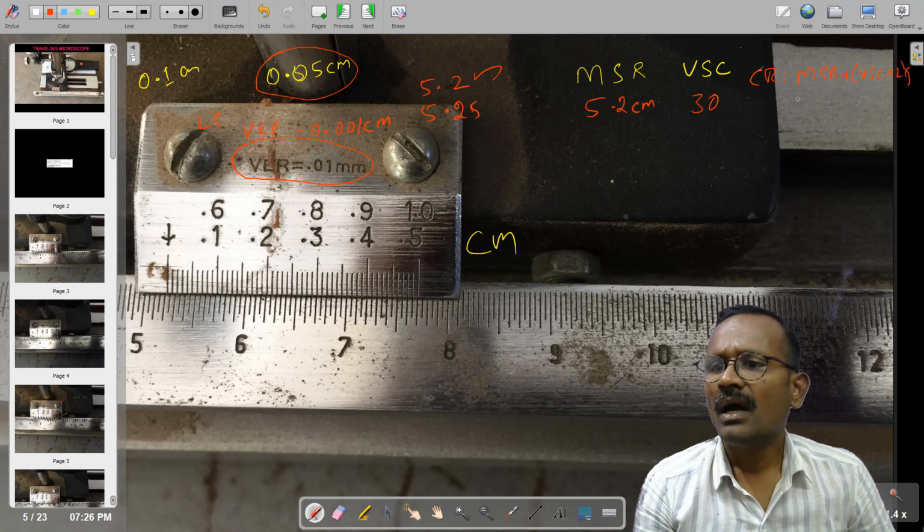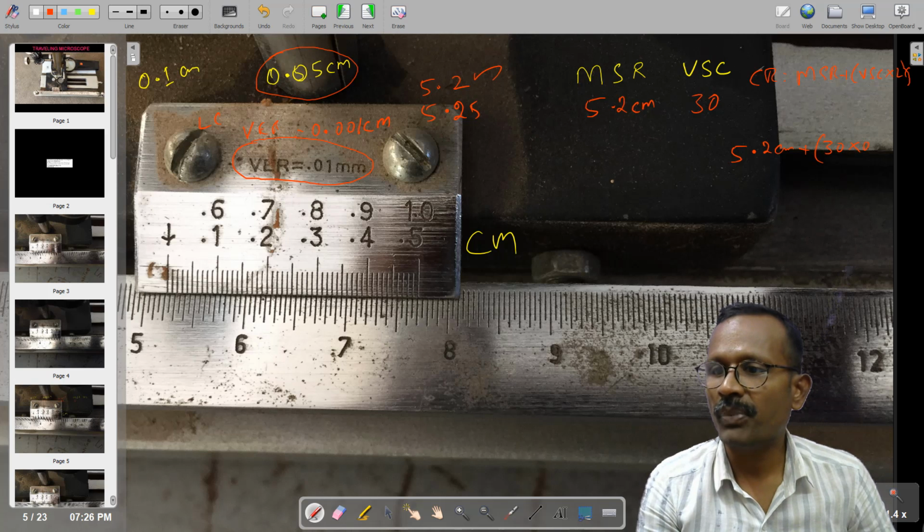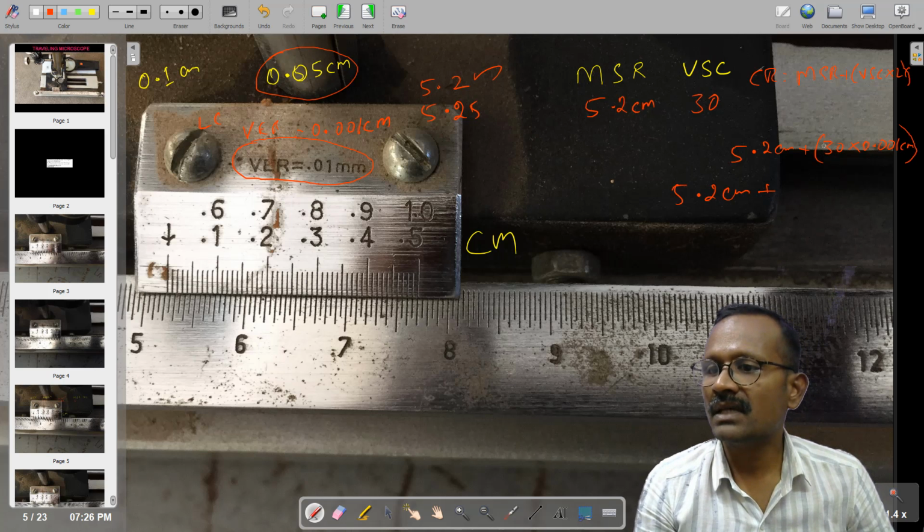What is the main scale reading? 5.2 centimeter plus the vernier scale coincidence, which is 30, into 0.001 centimeter. So 5.2 centimeter plus 30 times 0.001 centimeter will be how much?